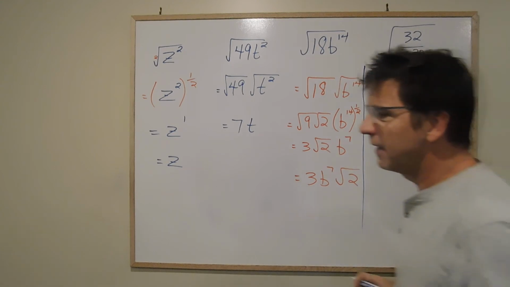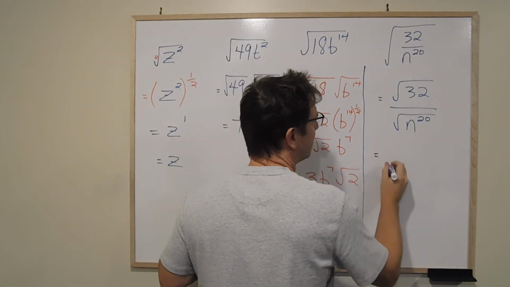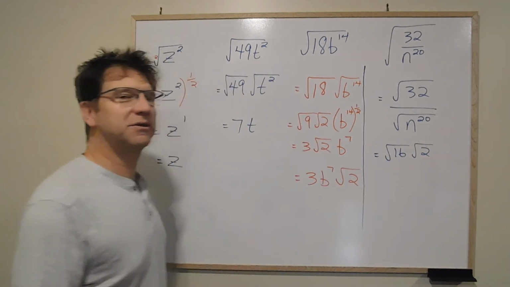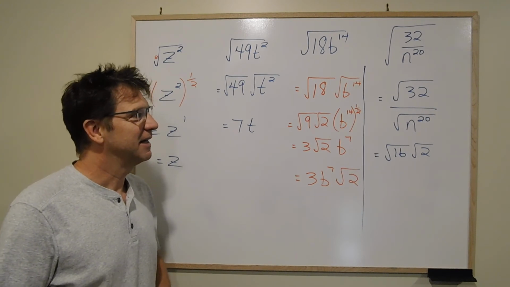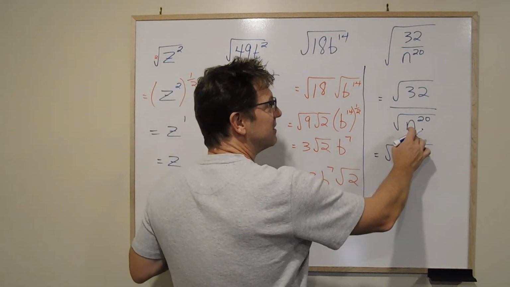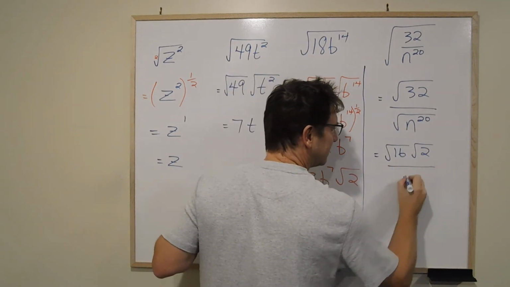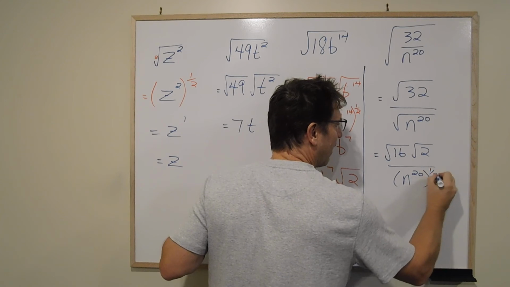Again, the square root of 32 is not a perfect square, but the largest perfect square I can divide out of it would be the square root of 16. And again, n to the 20th, well, it's a square root, so I can say this is n to the 20 to the 1/2.